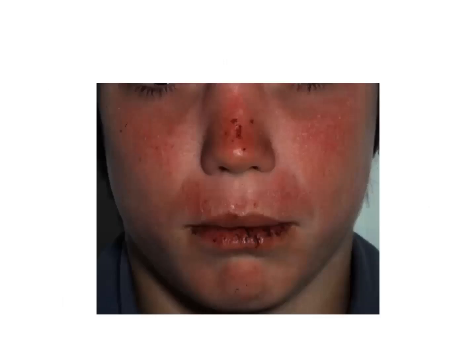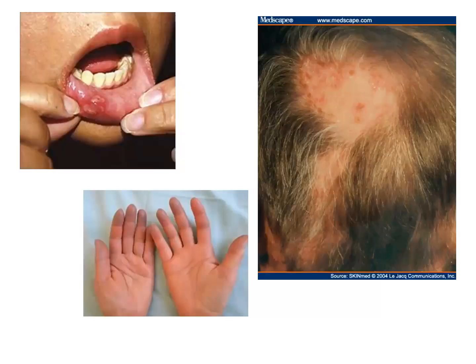manifestations or not. So if you look at this picture, you can see that there's involvement of the skin and there's involvement of the lips. So there's vasculitis of the lips. Oral ulceration or the mucosal membrane is affected. So these are extra articular manifestations.